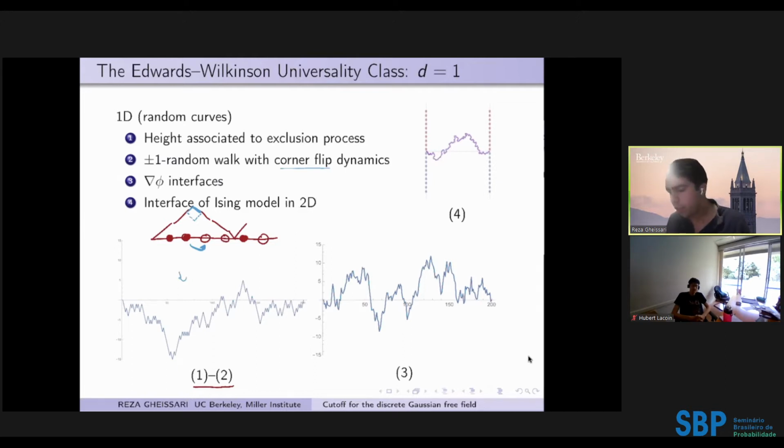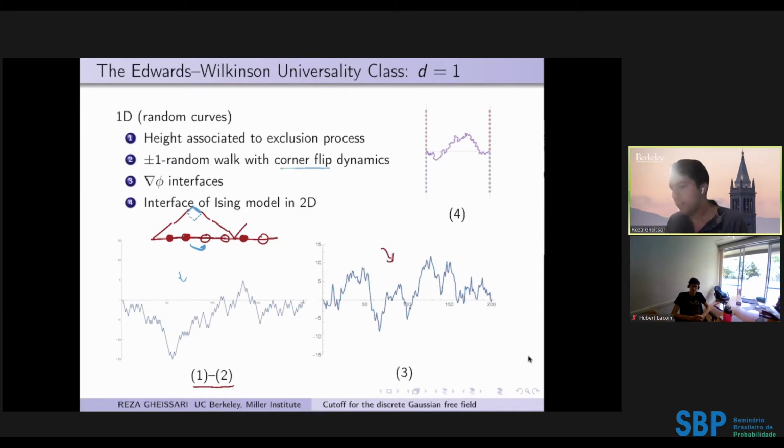A generalized version of interfaces, now no longer necessarily taking integer values, is grad phi interfaces. So whereas the Gaussian free field was doing an L2 penalty on the gradient of the heights, you can do an Lp penalty or some convex function of the absolute value of the gradients, and that can give you maybe random surfaces that look like this.